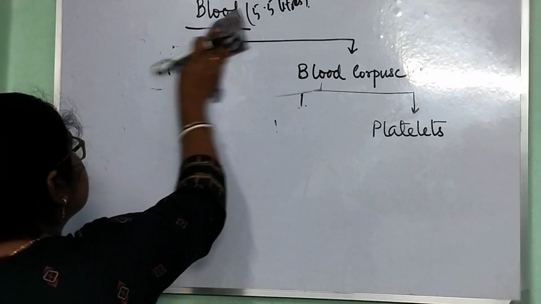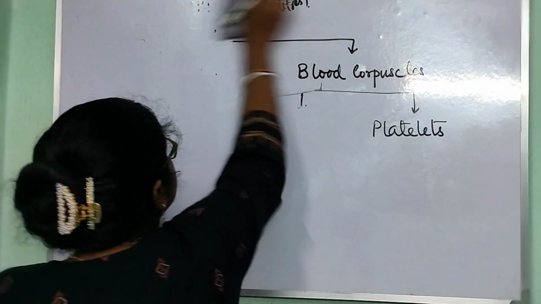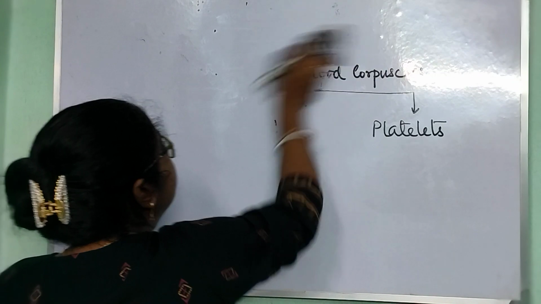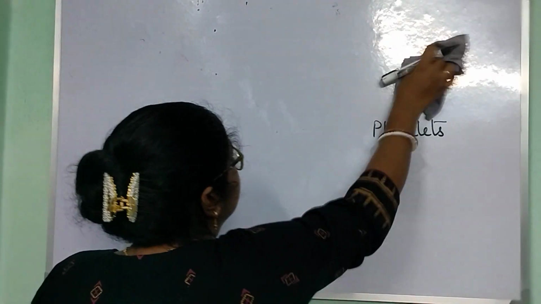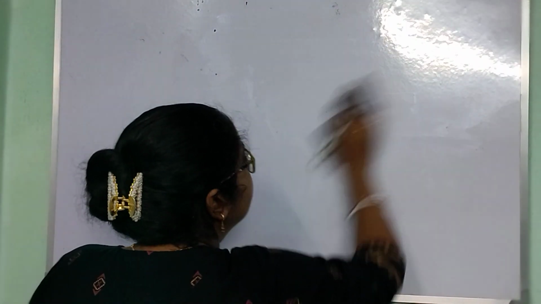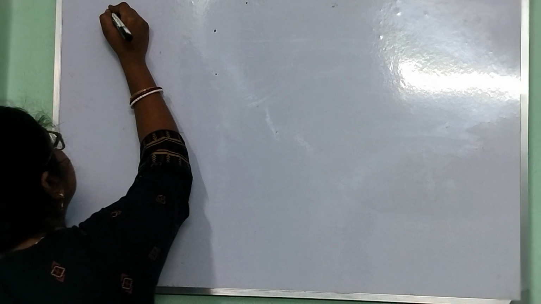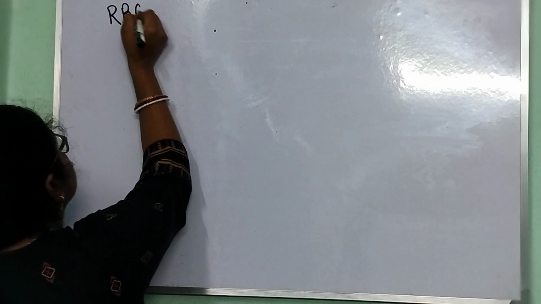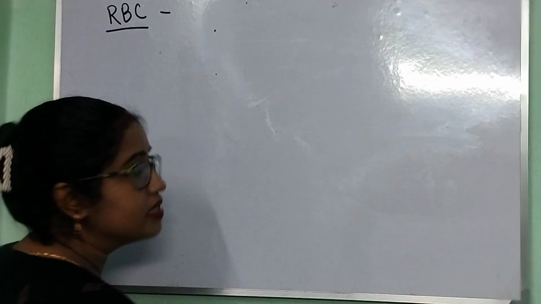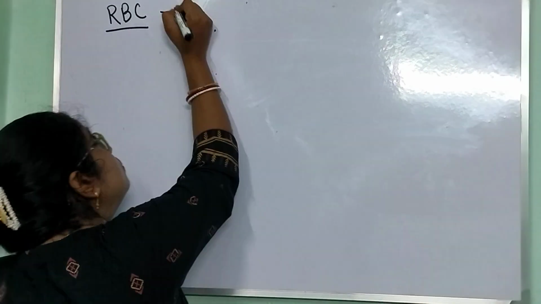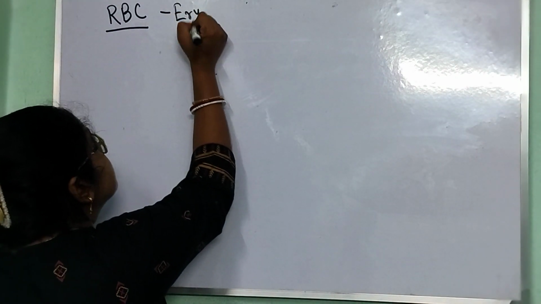So the RBC, actually the red color of the blood is due to the RBC content in the blood. RBCs or red blood cells are also known as erythrocytes.